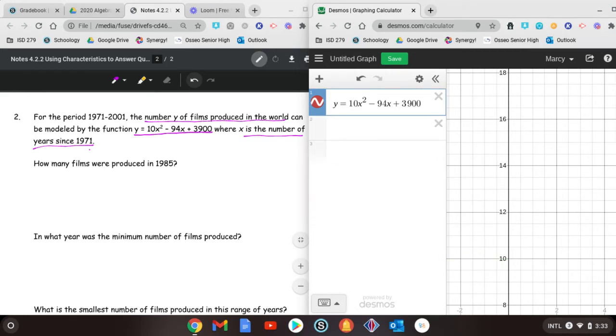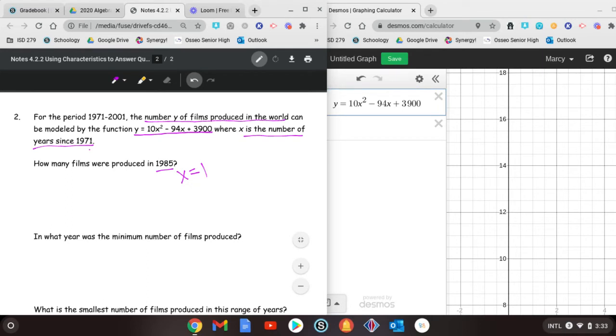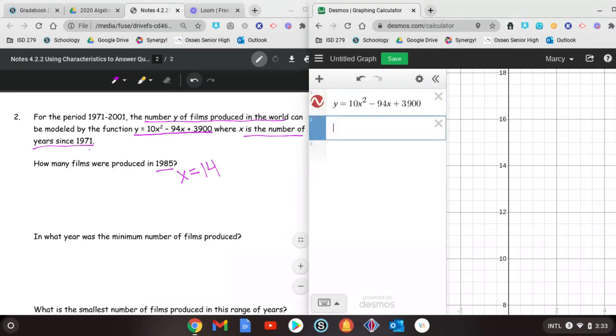How many films were produced in 1985? If I give you a date, this is an X value, because X is the number of years since 1971. X isn't 1985. X is the years since 1971. So you need to do 1985 minus 1971, which is 14. So your X equals 14.